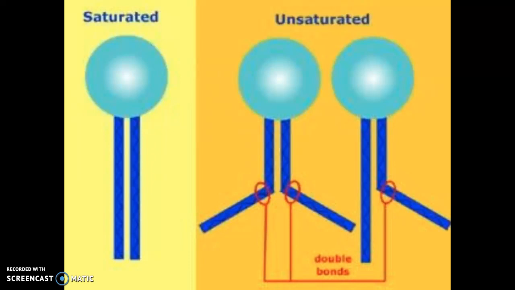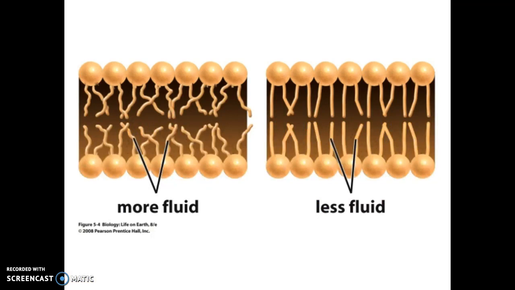In the case of if you had two fatty acid tails, for example, you have the one on the left, that's your saturated, and they're nice and straight. With unsaturated, you could have both of them be unsaturated. You could have one be unsaturated and one be saturated, etc. So, as you can see in this picture, if you had lots and lots of kinks in your fatty acid tails, then it's going to be a pretty fluid membrane. If you have some kinks, but some completely saturated fatty acid tails, it's going to be less fluid.